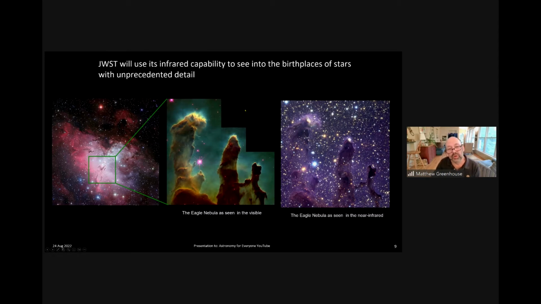In the center of this slide, you can see a very famous Hubble Space Telescope image of something called the Eagle Nebula. The spaces between the stars in our galaxy, so-called interstellar space, is not an empty vacuum. It's filled with giant clouds of molecular gas and dust and molecules.